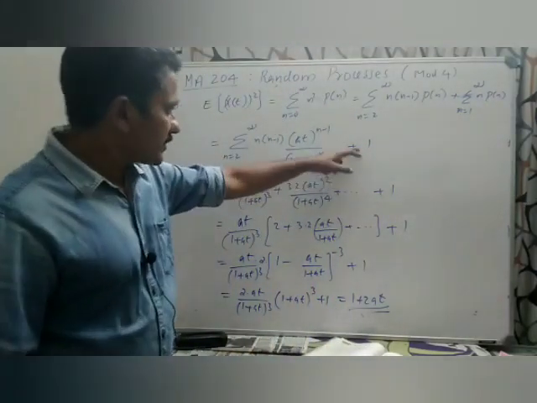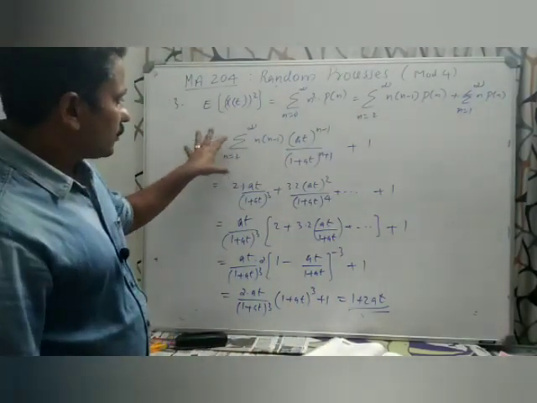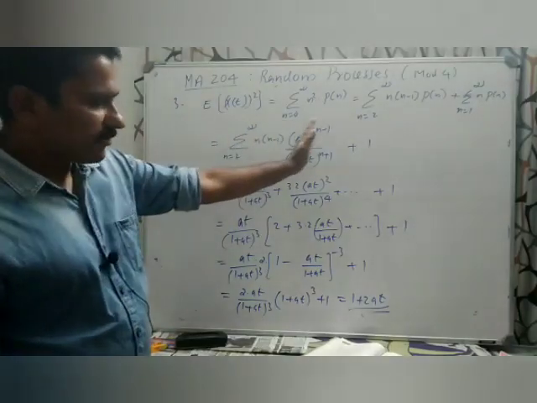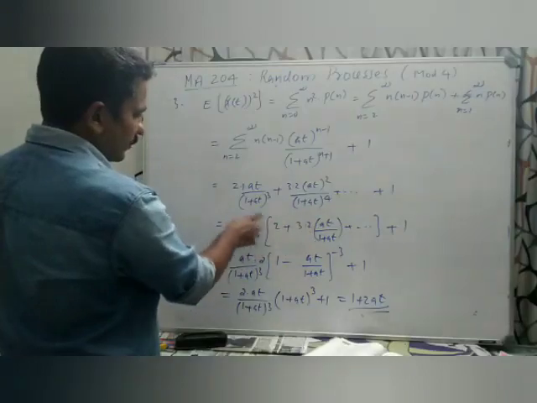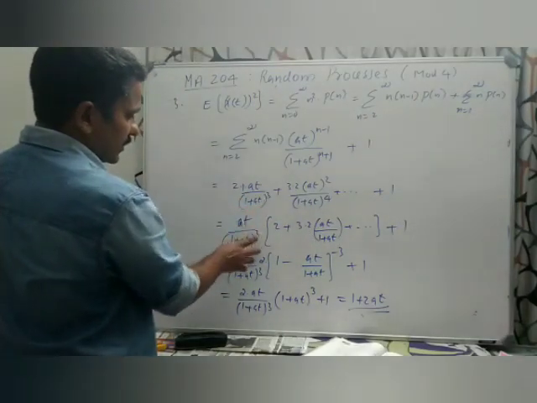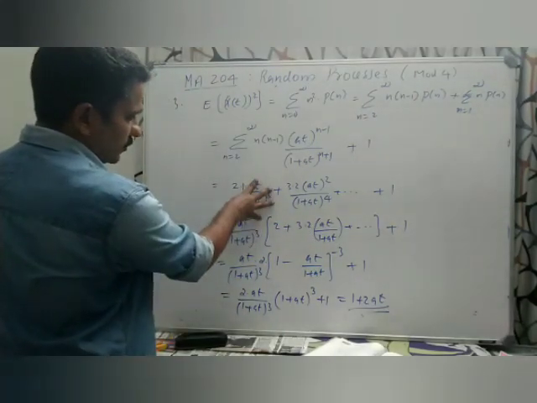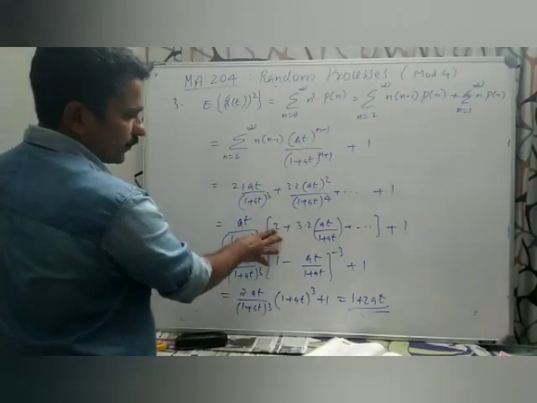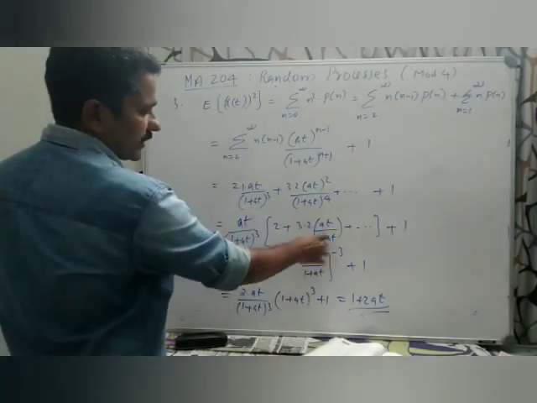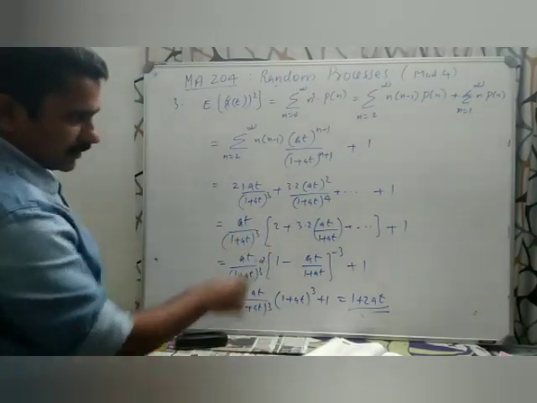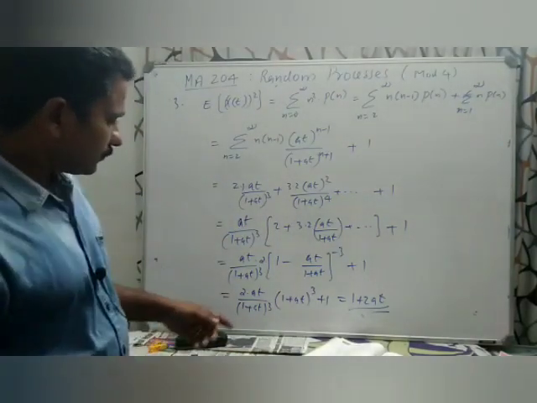We have just seen that. Now substitute n equal to 2, 3, 4 and so on. And from these terms you can take at by (1+at) the whole cube out. So in the first term it remains only 2. The second term it remains 3 times 2 times at by (1+at) and so on. The last term plus 1.